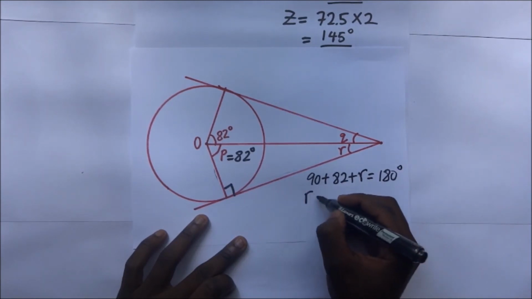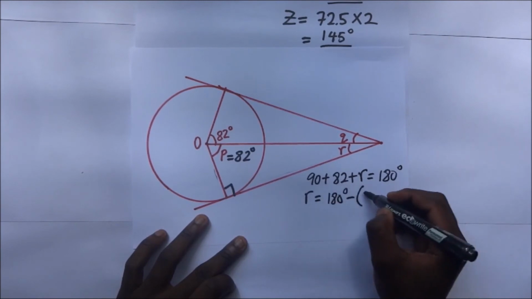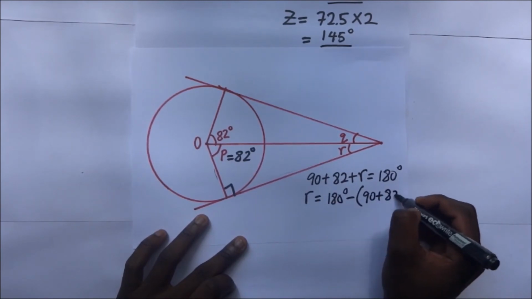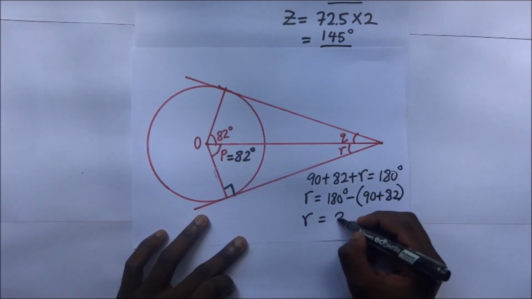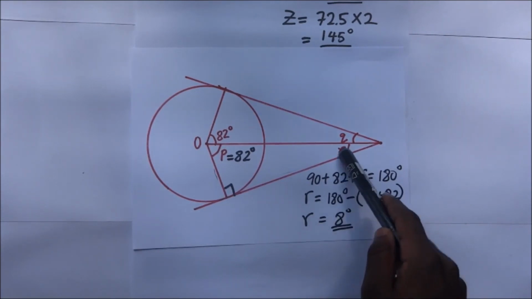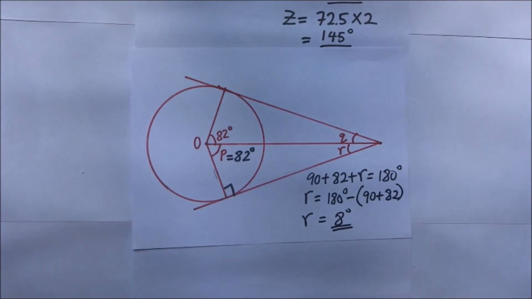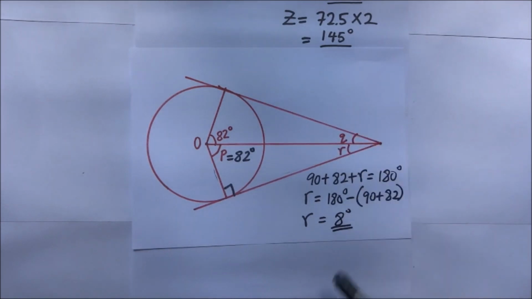So our value of r is going to be 180 degrees minus 90 plus 82. And we shall get our value of r as 8 degrees. So when we get the value of r as 8 degrees, even our value of q will be 8 degrees, because the value of q and r are the same.